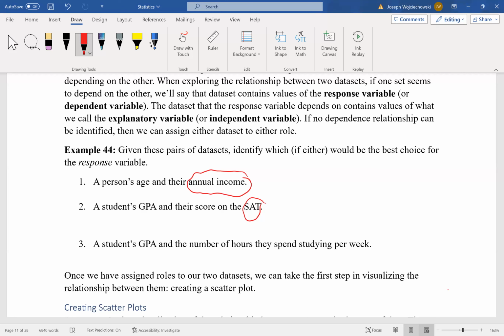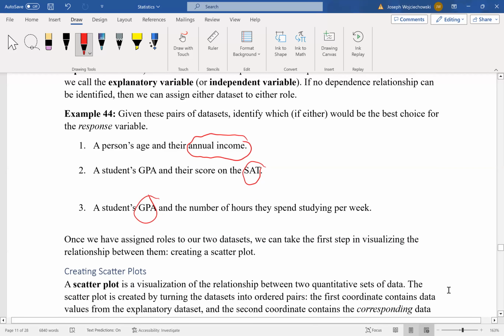A student's GPA and the number of hours they spend studying per week. So does the GPA affect the hours you study, or do the hours you study affect your GPA? We're going with the other way, so the GPA in this case would be the response variable.